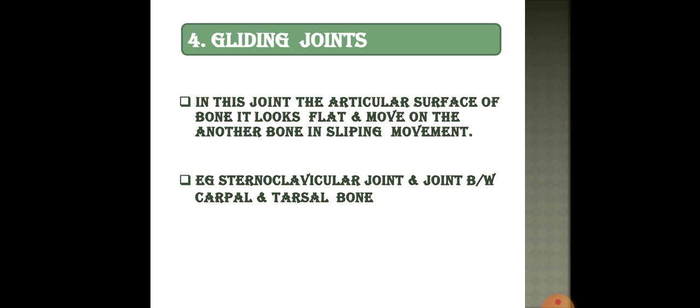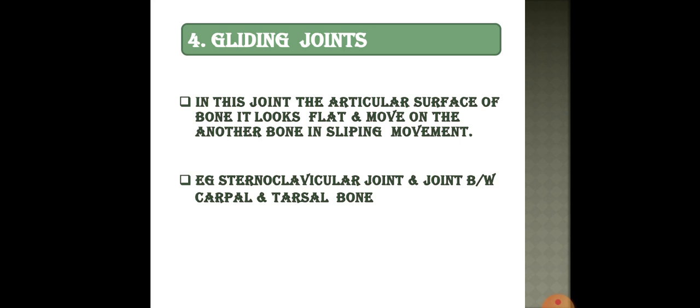Fourth one is gliding joint. In this joint, the articular surfaces of the bones look flat and move on another bone in a slipping movement.